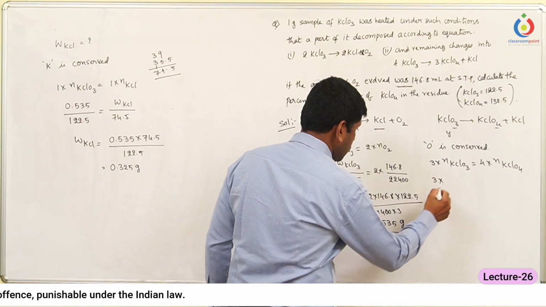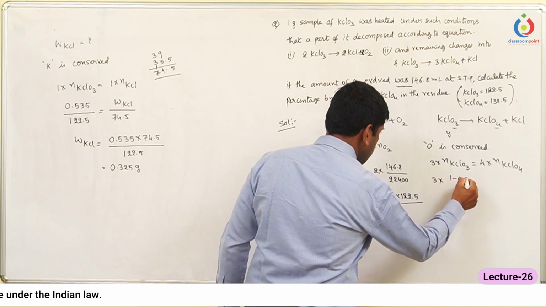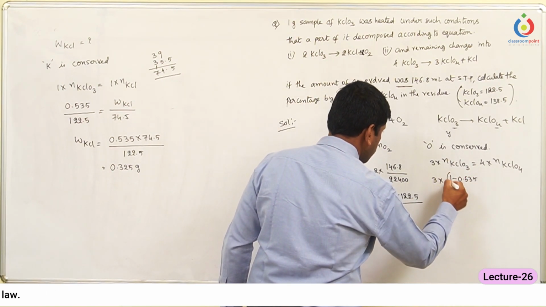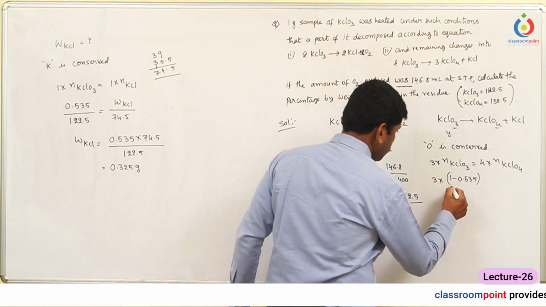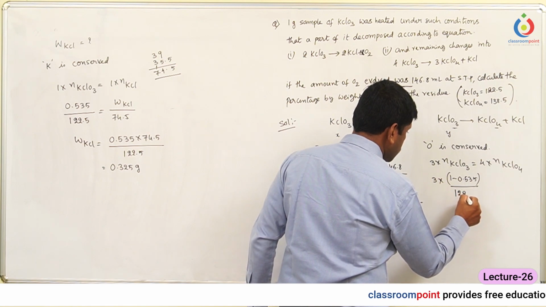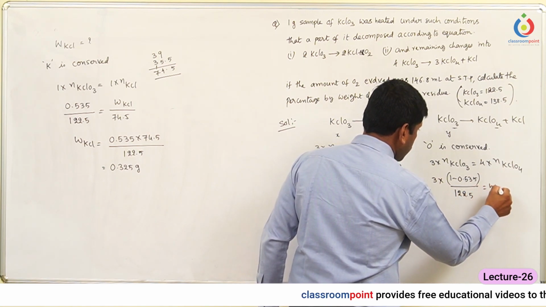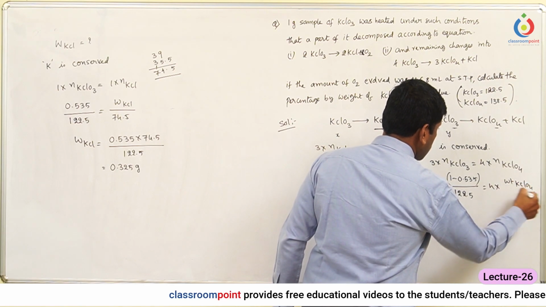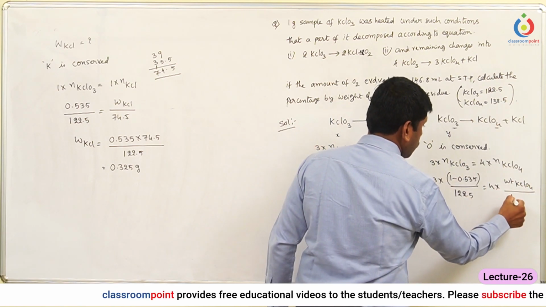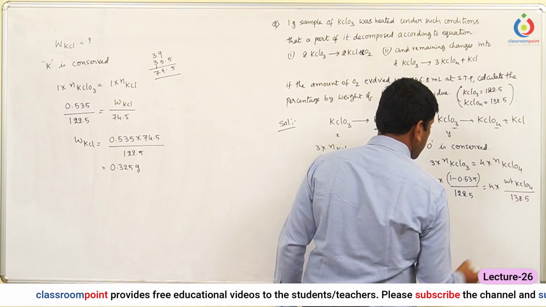So the weight of KClO3 equals 1 minus 0.535, because the total mass of the KClO3 was 1 gram only, which is 0.465, divided by its molecular mass 122.5, equals 4 into weight of KClO4 divided by the molecular mass of KClO4, 138.5.